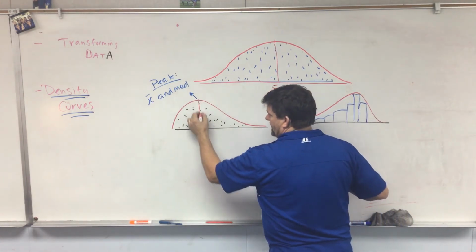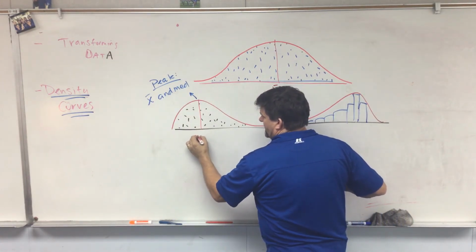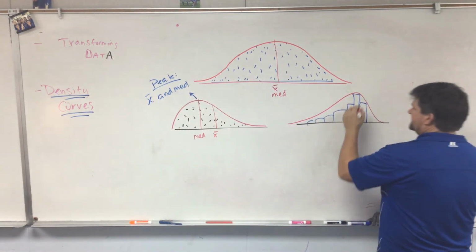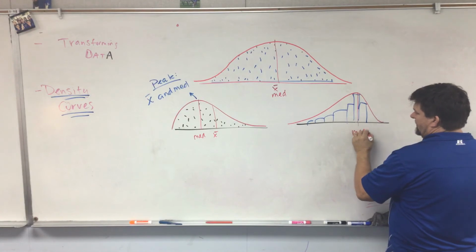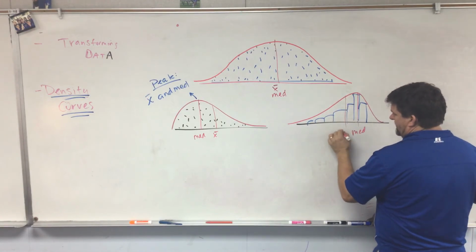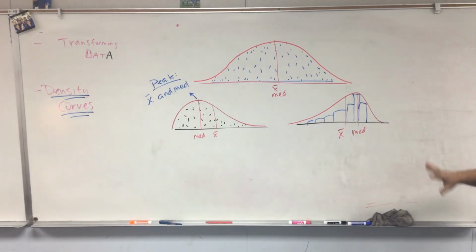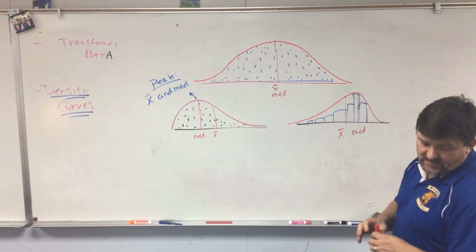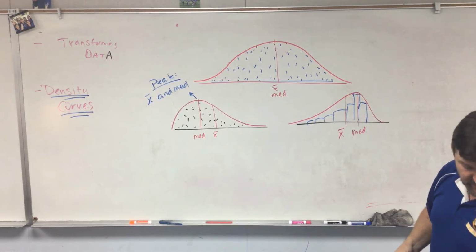On this one here, the peak is going to be the median and X bar is going to be here. So we're always working with the peak on these things. We've got a median here and an X bar here. So we're able to use the peaks to find the median, the mean, and those other pieces.